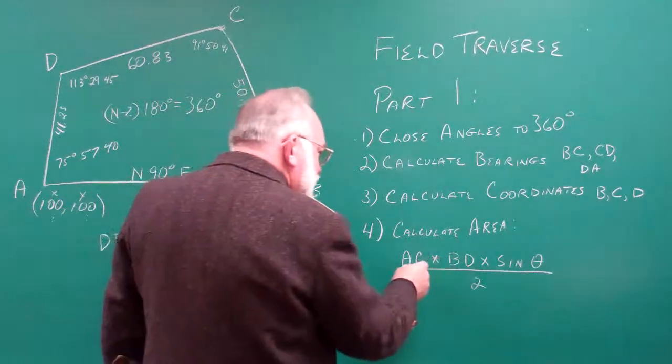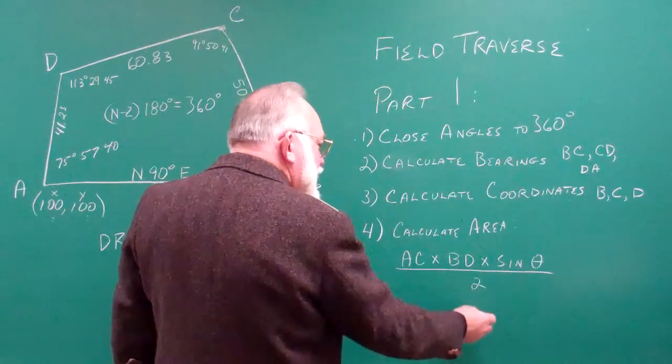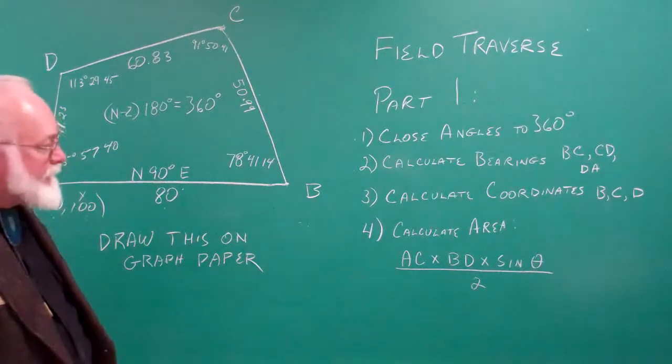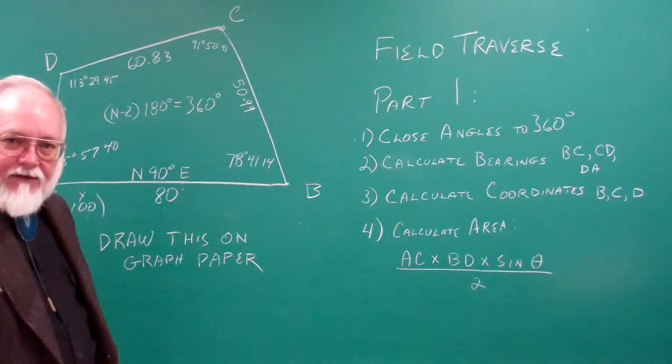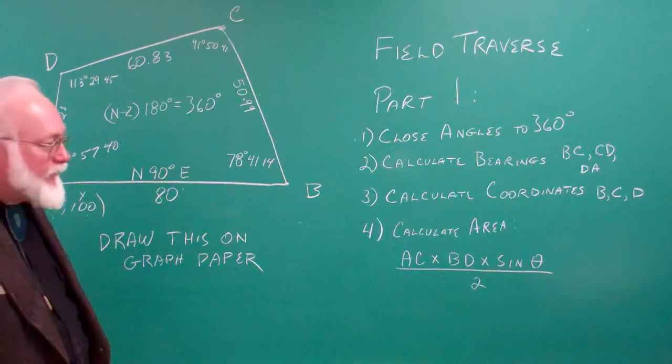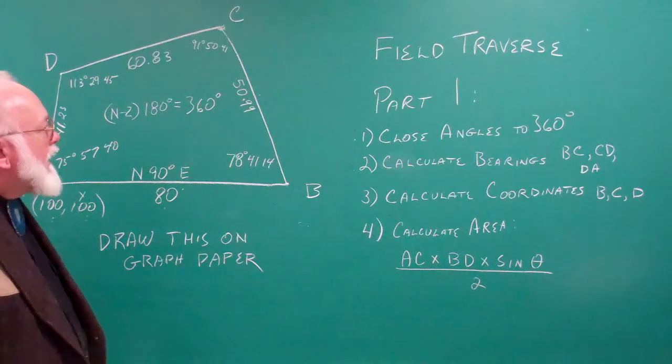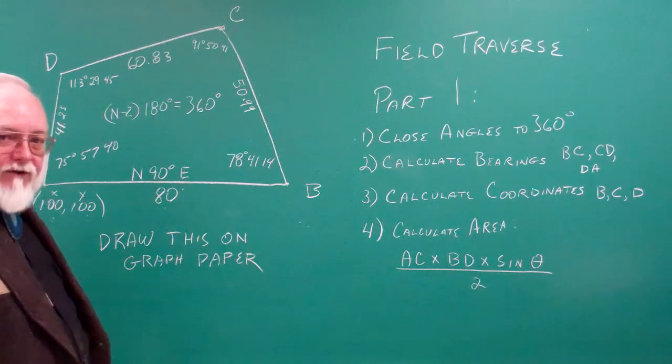So all that, AC times BD times sine theta over 2 will give you the area. So go ahead and do that, and then after you get me good figures on that, we'll come back and finish the rest of the exercise.